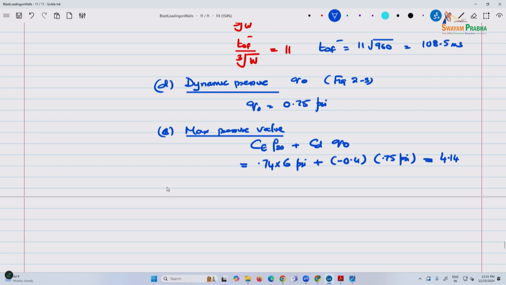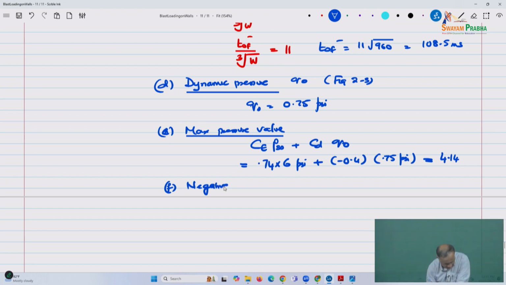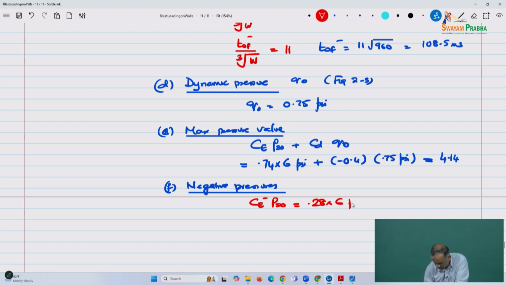And same thing, the negative pressures, just go a little over today. So the negative pressure is CE minus PSO, which is 0.28 multiplied by 6. I don't have this number. 1.68.